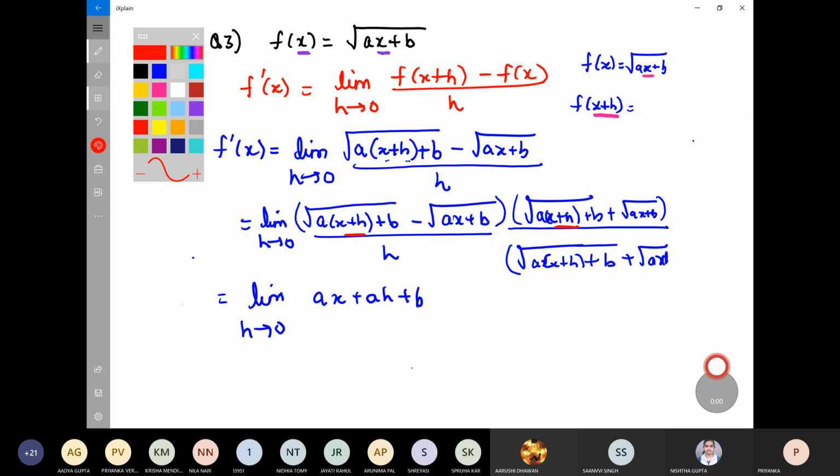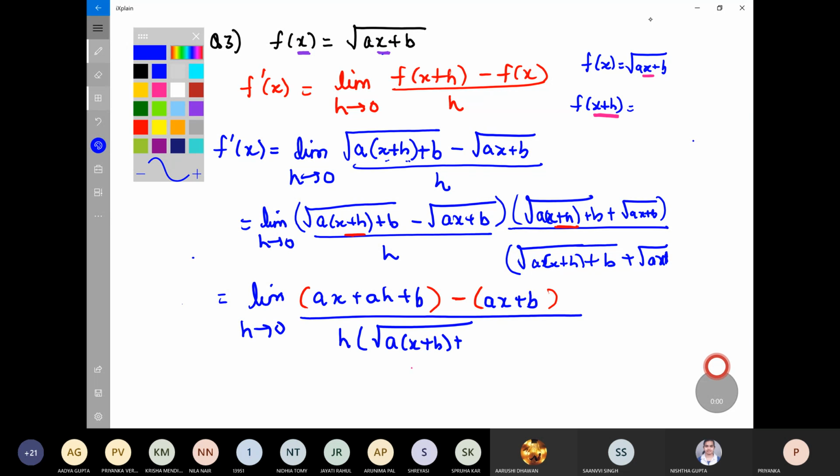A square minus b square बनेगा, तो स्क्वायर हट के ये आ गया आपके पास माइनस b square, that is ax plus b, और अपॉन आपके पास है h इंटू रूट ऑफ ax plus h plus b प्लस रूट ऑफ ax plus b. I think सबका यहाँ तक तो आया होगा.